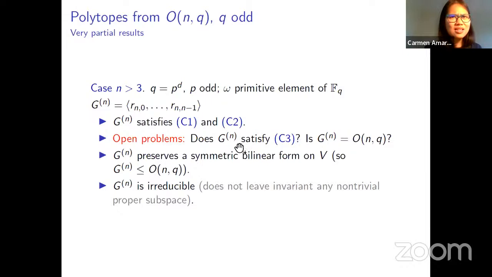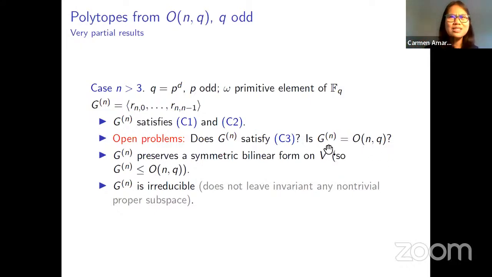Does this satisfy condition C3? Condition C3 is not that easy to verify. This is the weird intersection condition. Also, this is not so simple and might involve rather lengthy group theory arguments. Is this the full orthogonal group? That's still something we were not able to establish.